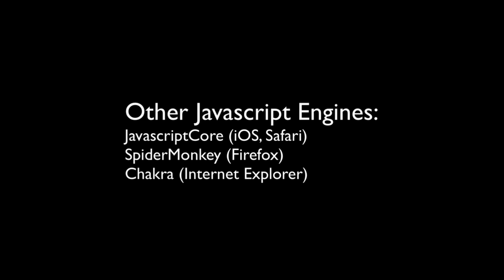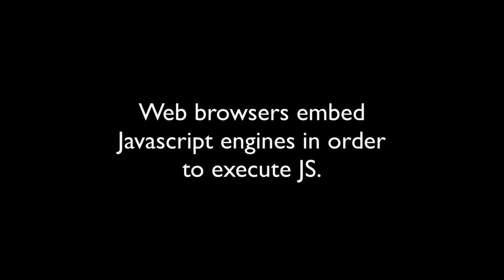In 1998, Netscape created Mozilla, the current parent of Firefox. There's also a JavaScript engine called Chakra, and if you've ever used Microsoft's Internet Explorer or Edge web browsers, you've used Chakra before.